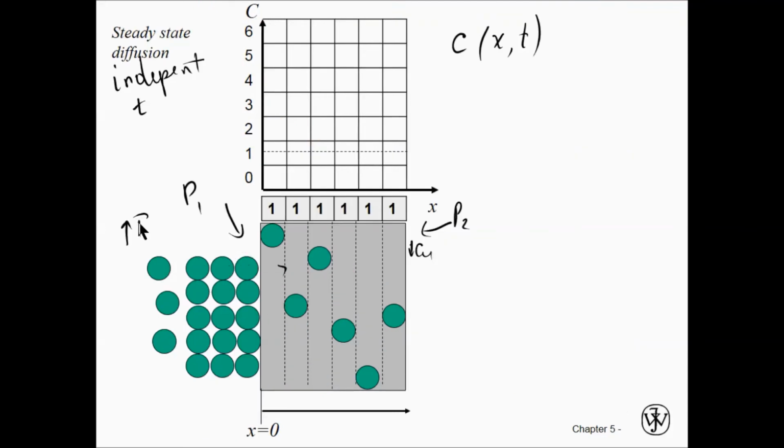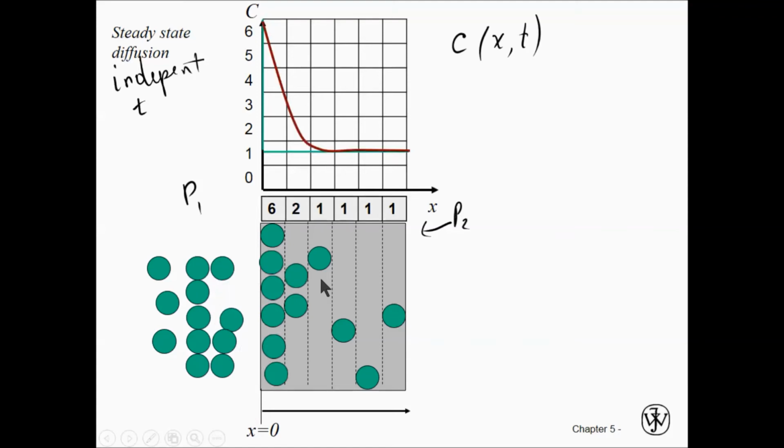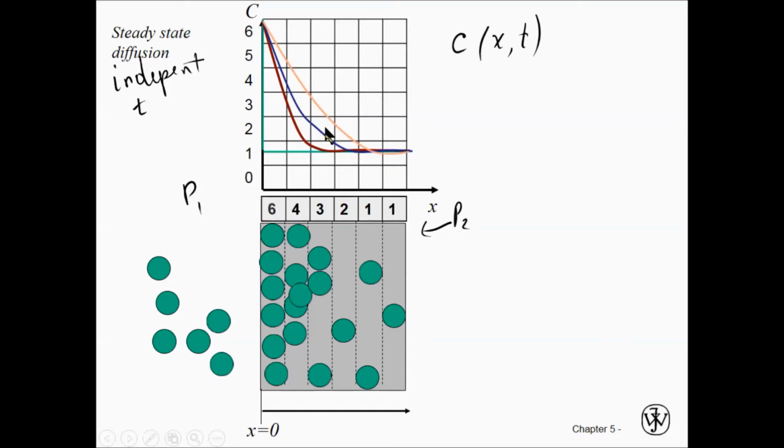And when that happens, let me erase all of this. When that happens, diffusion starts, but first it is non-steady until it reaches balance. So you see diffusion changes with time until we achieve this straight line over here.